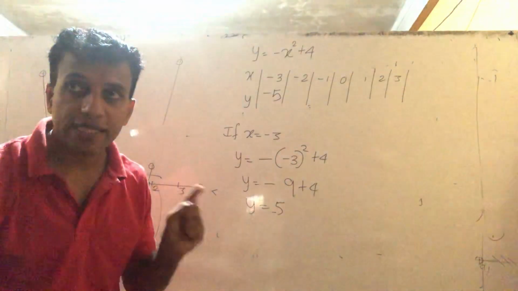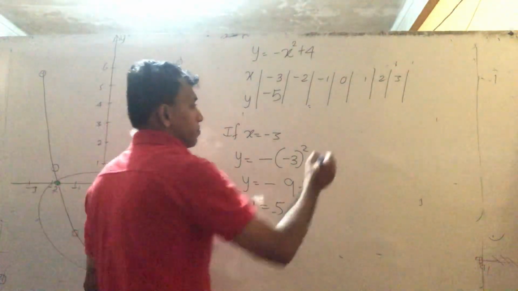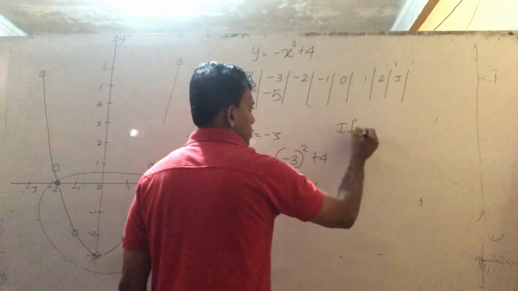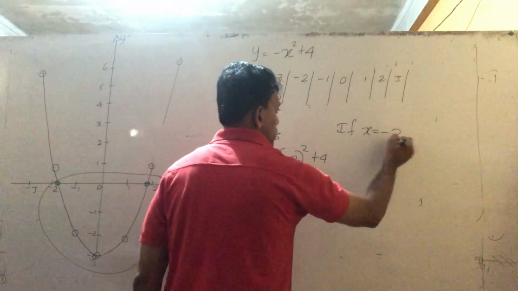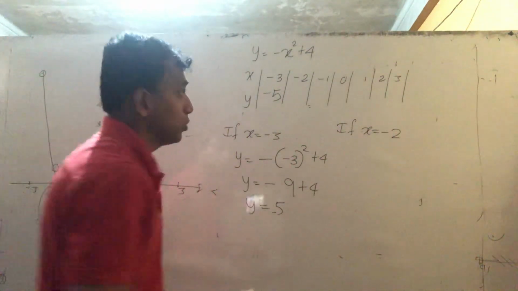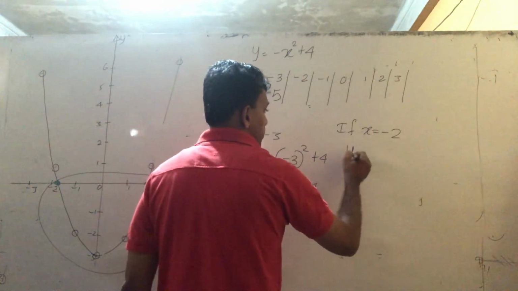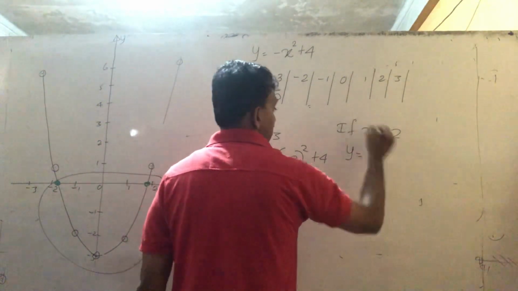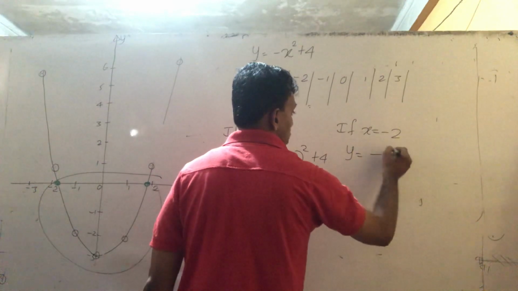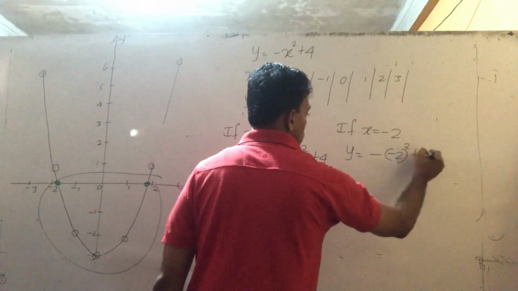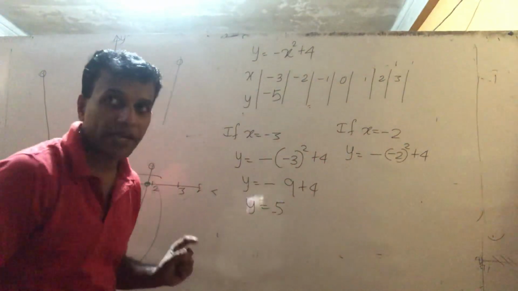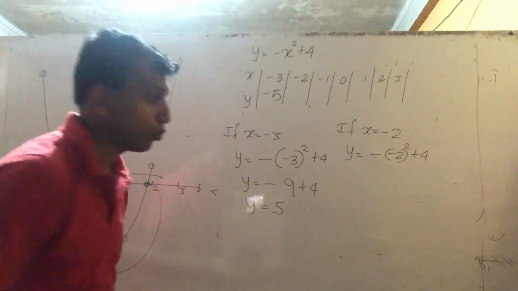Next, if x is -2, find y. If x equal -2, find the y value. y equal minus x, for x minus 2 square, plus 4.